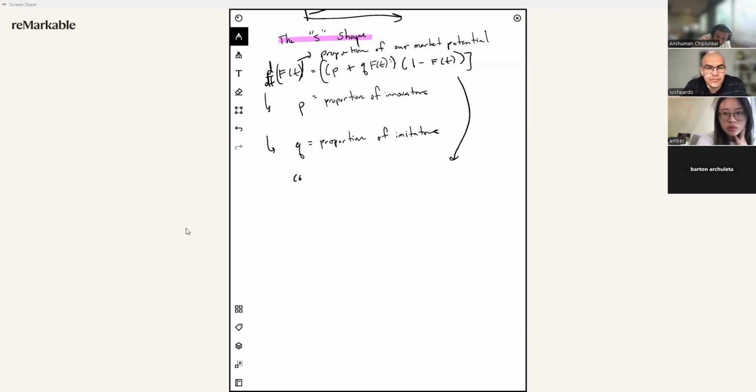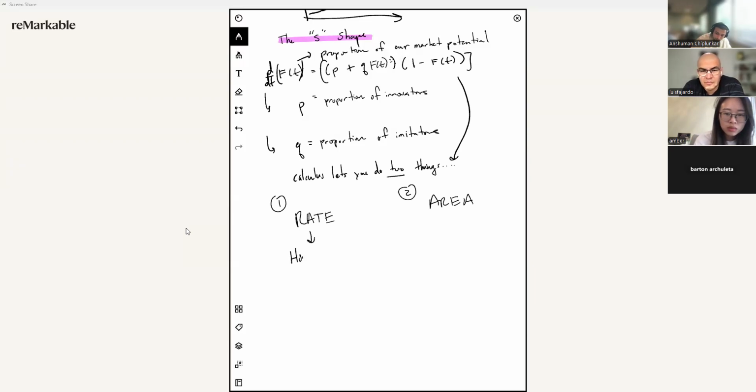So the calculus lets you do two things. It lets you take either one, a rate, or two, an area. A rate is basically saying how fast. And an area is basically saying how big, how much.